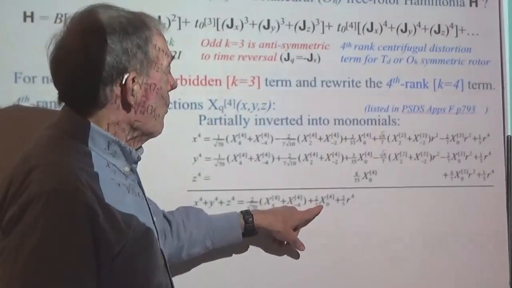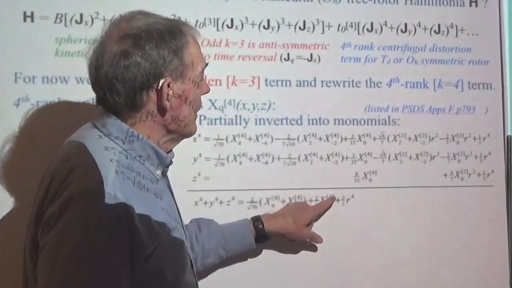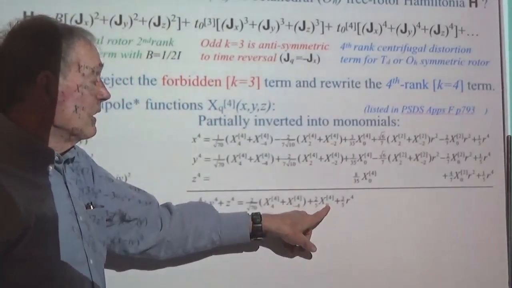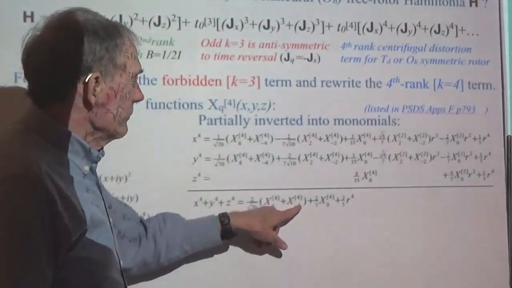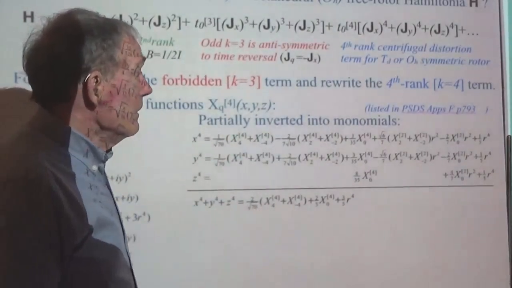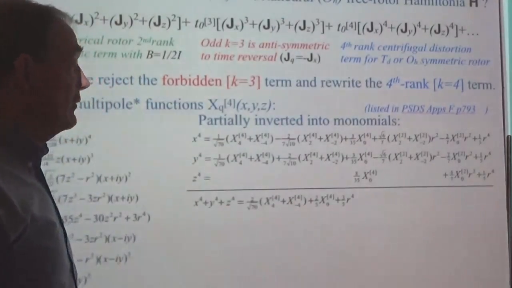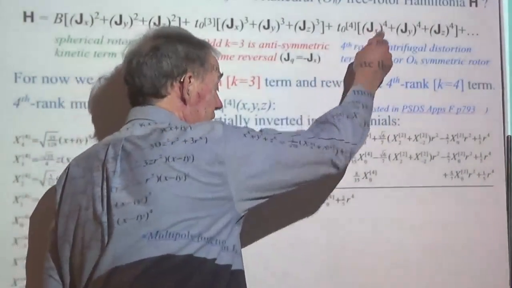We're left with one of these guys, the fourth rank, 0 subcomponent, and then finally these two get together just to make one term here. So that will be the professional way to write the Hamiltonian that this is.